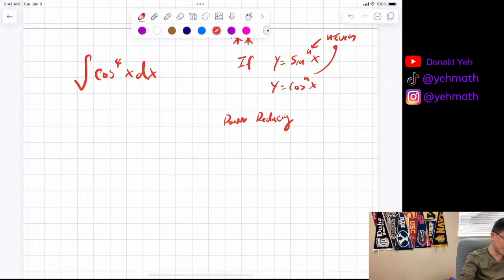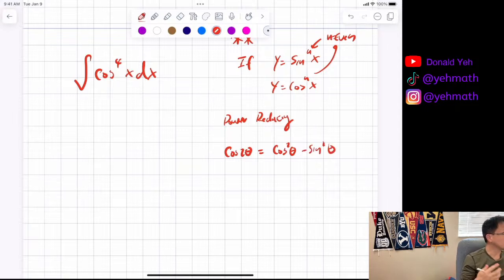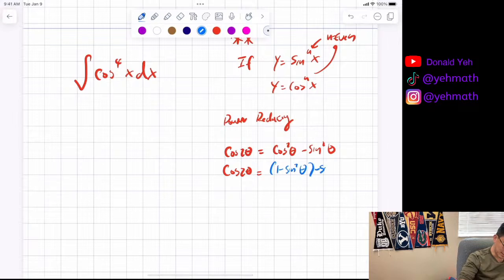So first of all, I know my double angle: cosine 2 theta equals cosine squared theta minus sine squared theta. We should know this because it looks kind of like the Pythagorean identity, but everything's upside down. Now, of course, I can replace the cosine squared with 1 minus sine squared theta, so that's 1 minus sine squared theta minus sine squared theta, which is 1 minus 2 sine squared theta.